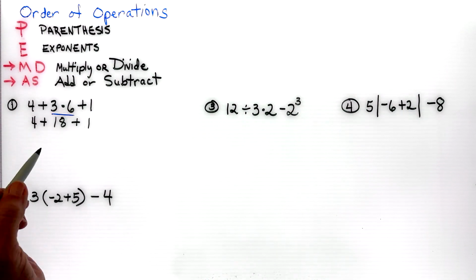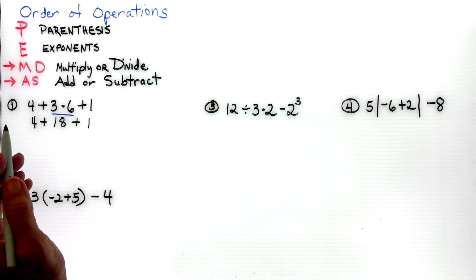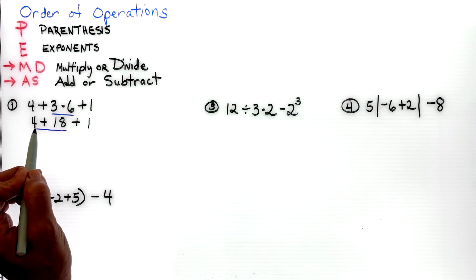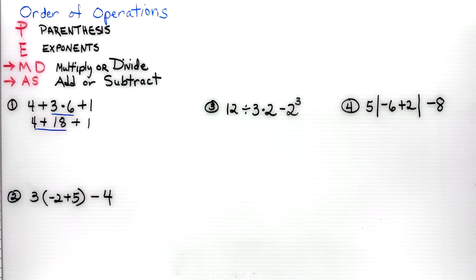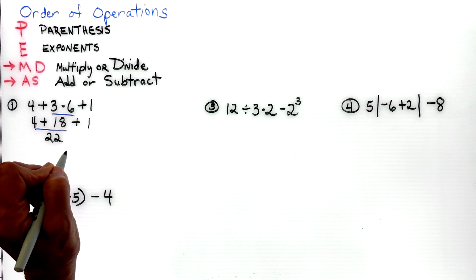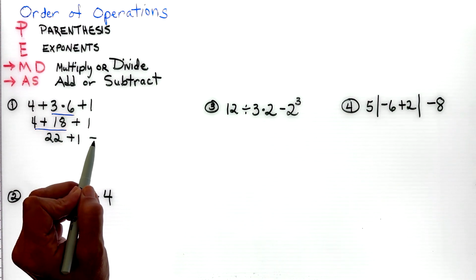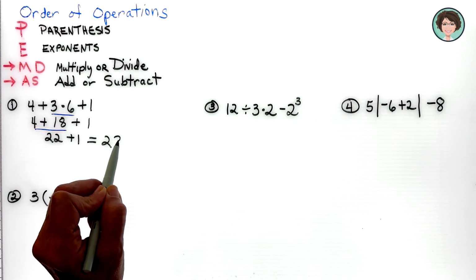So now I know that I see a plus sign and an addition sign. So they're the same, but I'm just going from left to right. I will do this one first. So 18 plus 4 is 22. And now we bring down our plus 1. So our expression equals 23.